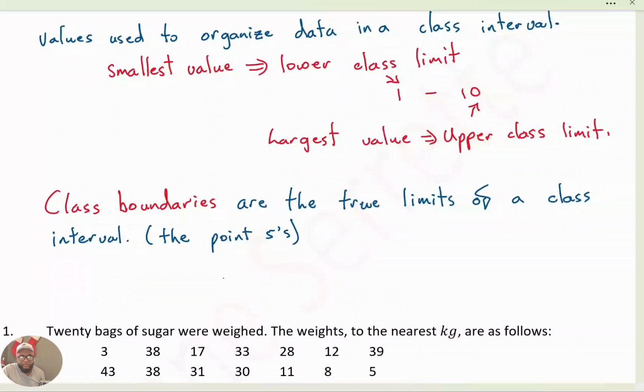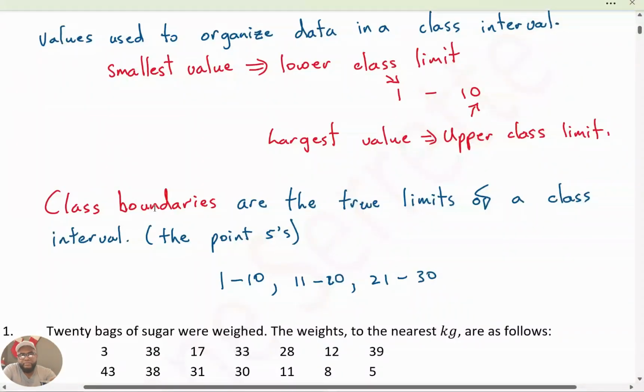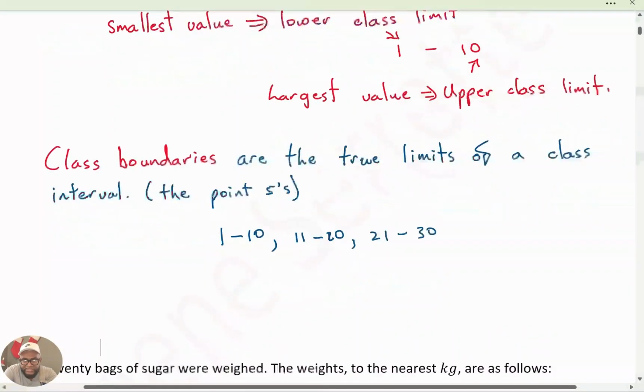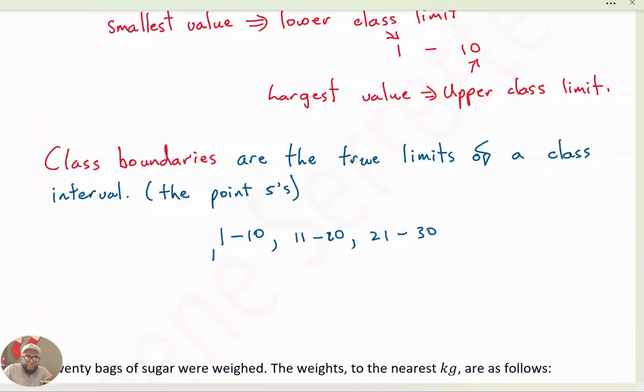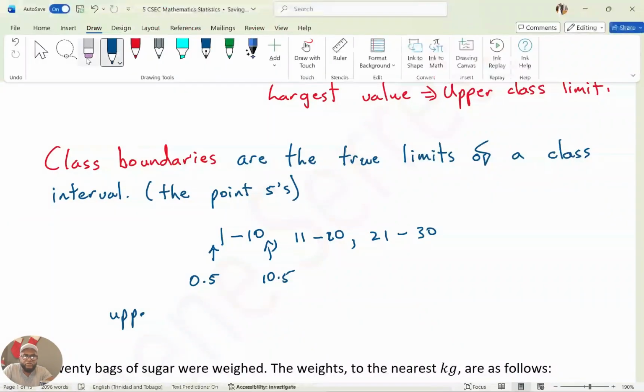So if I have a class interval 1 to 10, and then I have another one from 11 to 20, then 21 to 30. My upper class boundary for my first class interval would be 0.5 more than 10, which is 10.5, and the lower class boundary would be 0.5 less than the lower class limit, 0.5.